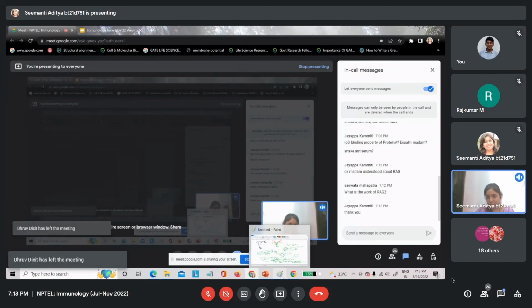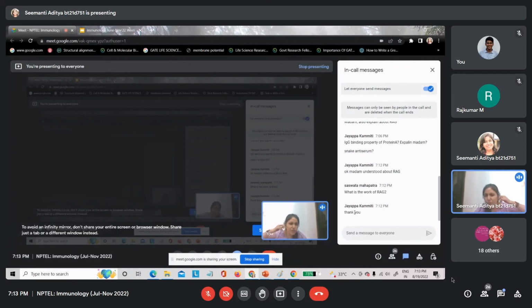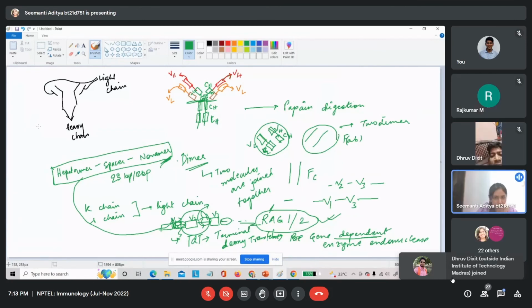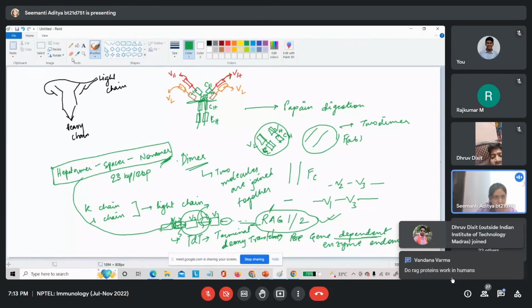Okay, somebody has asked what is this IgG binding property of protein A? Explain. So let me get a new page.